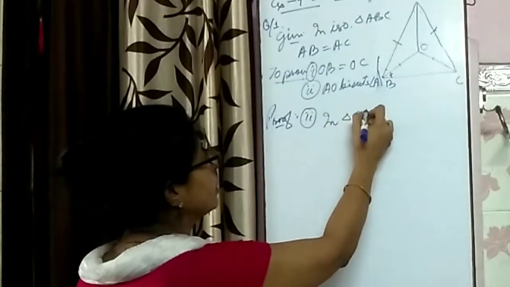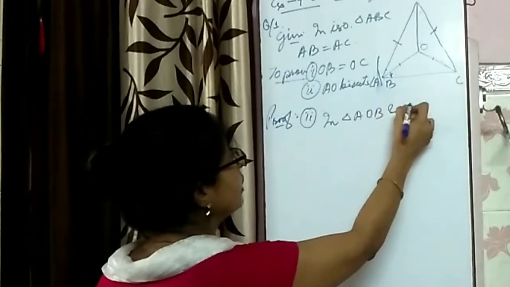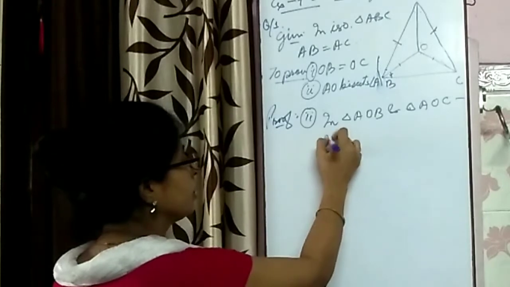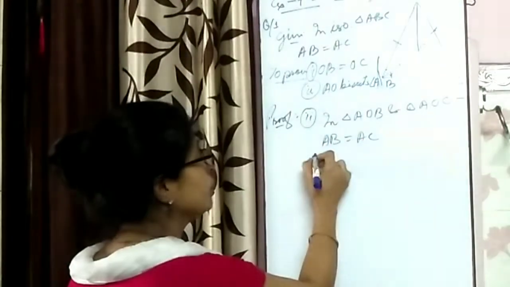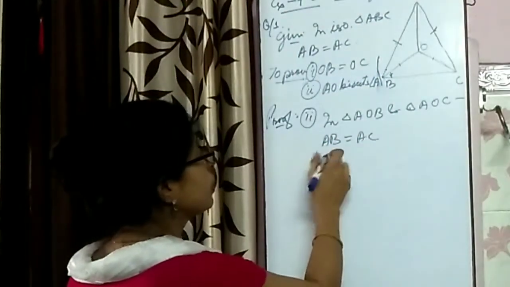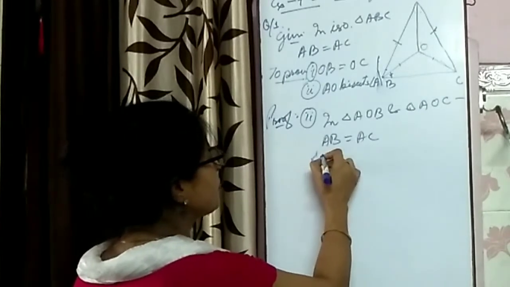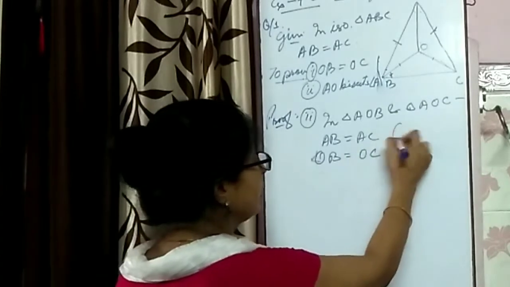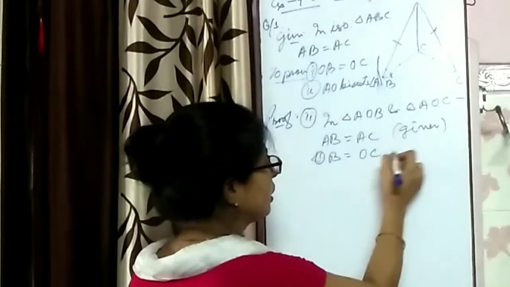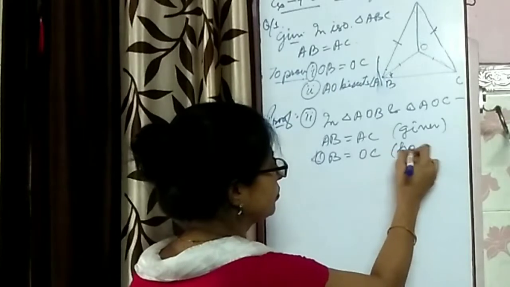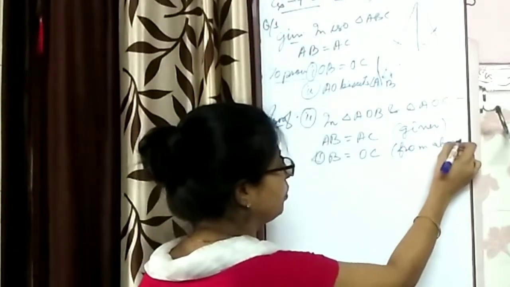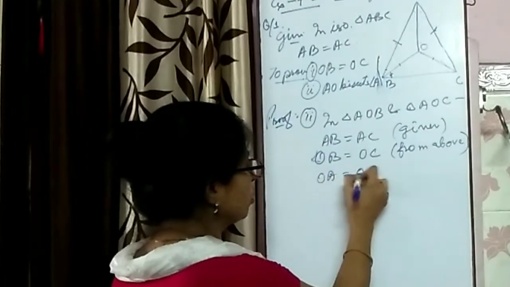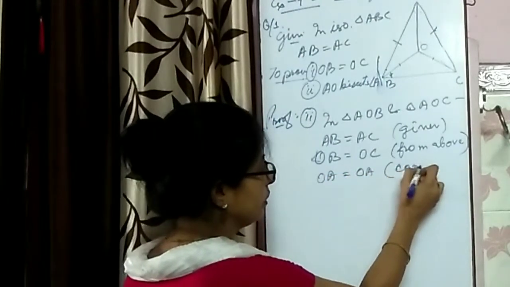In triangle AOB and triangle AOC, what do we have? AB equals AC, OB equals OC. It is the given part, it is from above. Above means from the above proof, and OA is equal to OA. It's a common side.